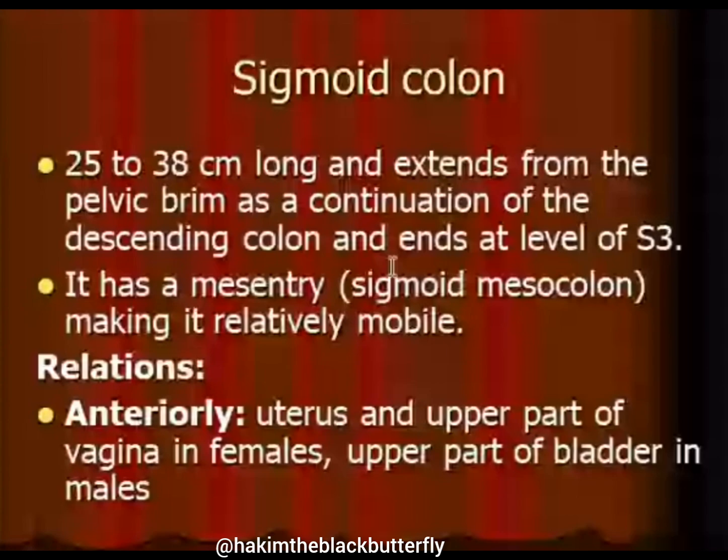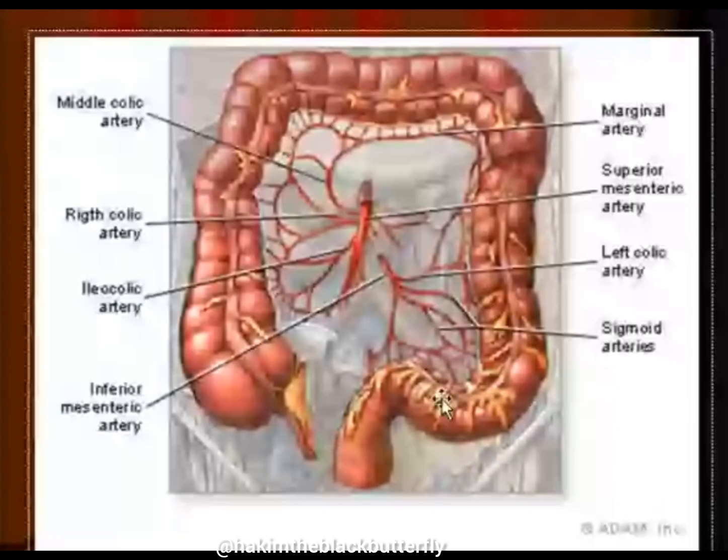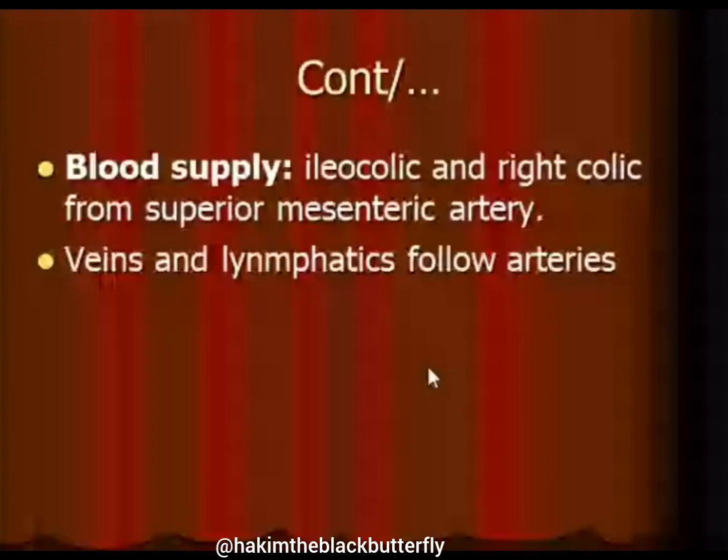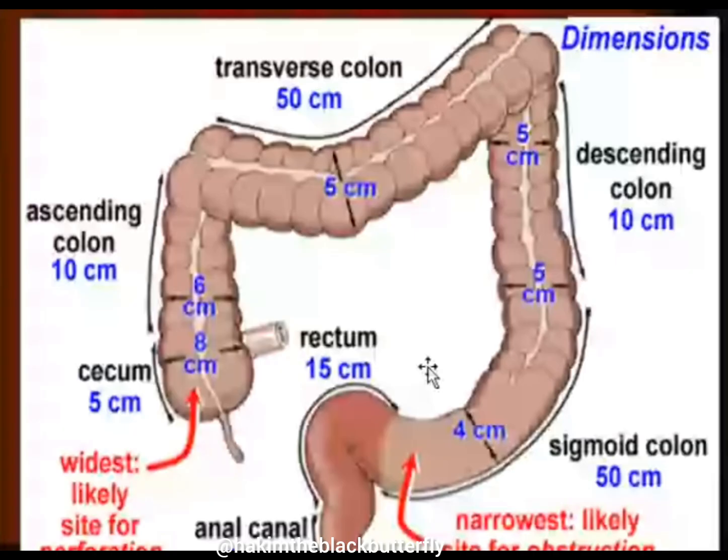The sigmoid colon is the curved part, and it is located in the left iliac region, and it continues inferiorly with the descending colon. And we saw it here with its averages.